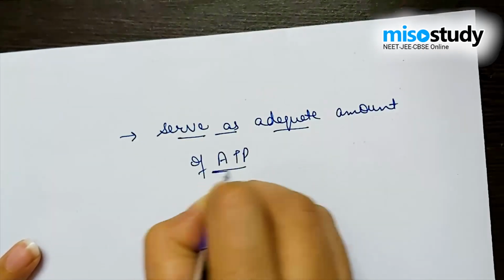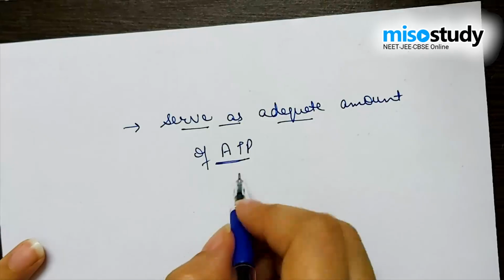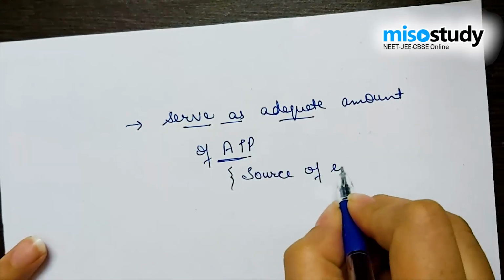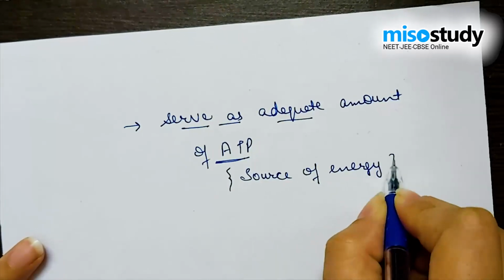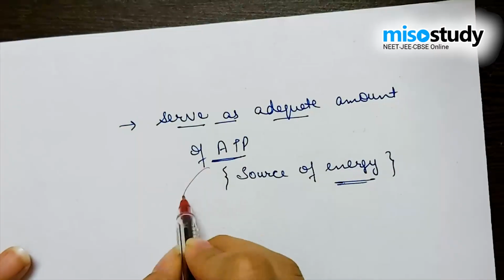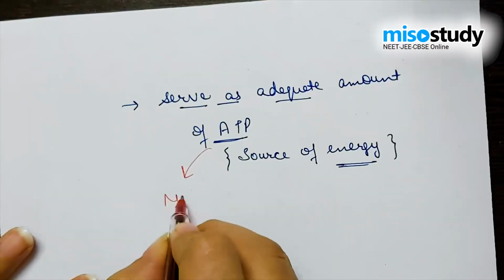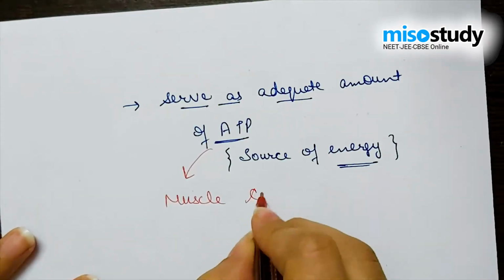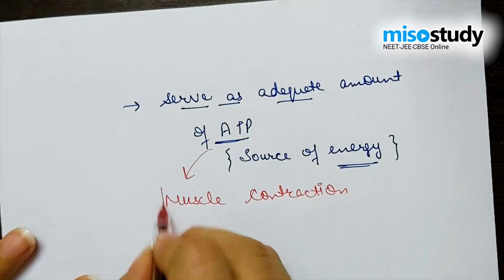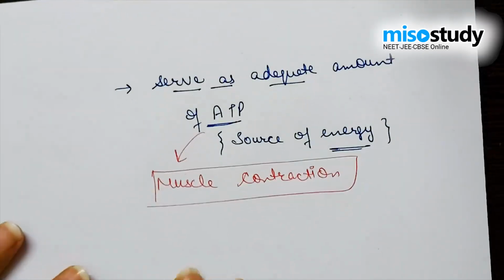ATP is adenosine triphosphate, the source of energy, which helps in muscle contraction.